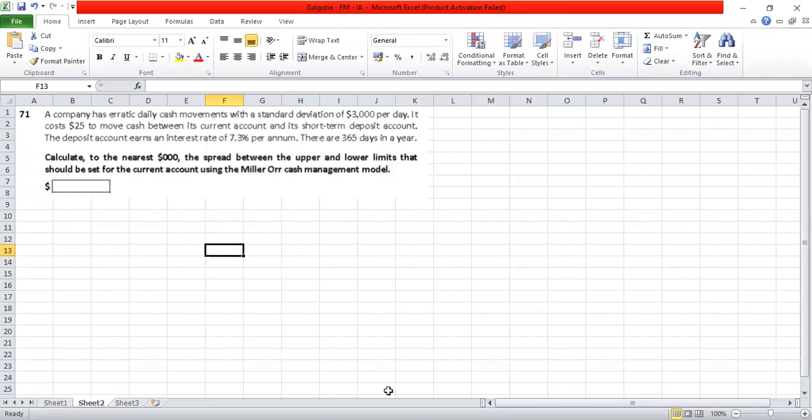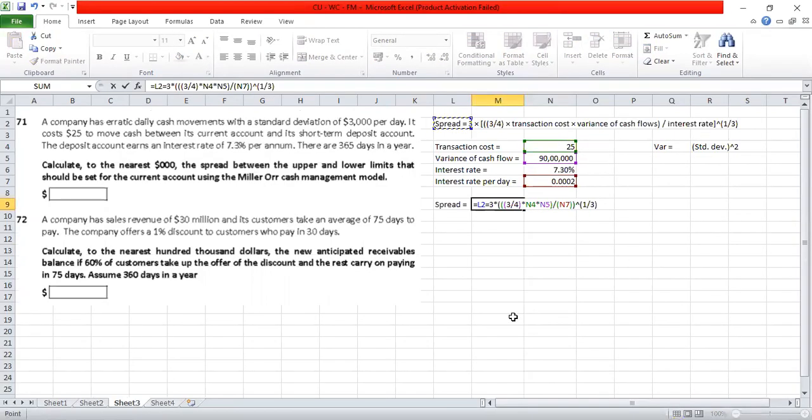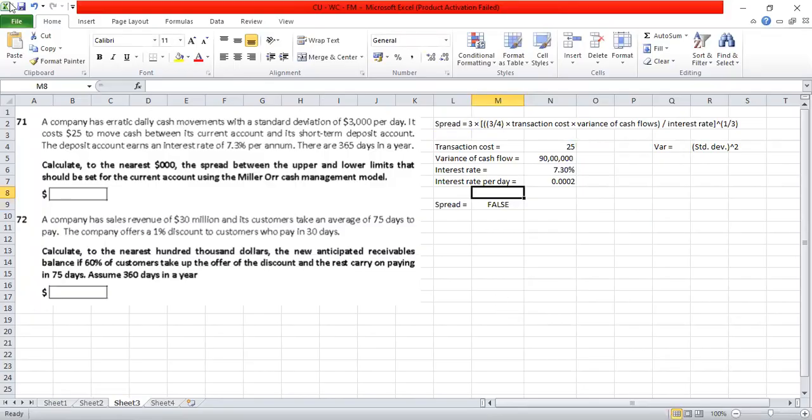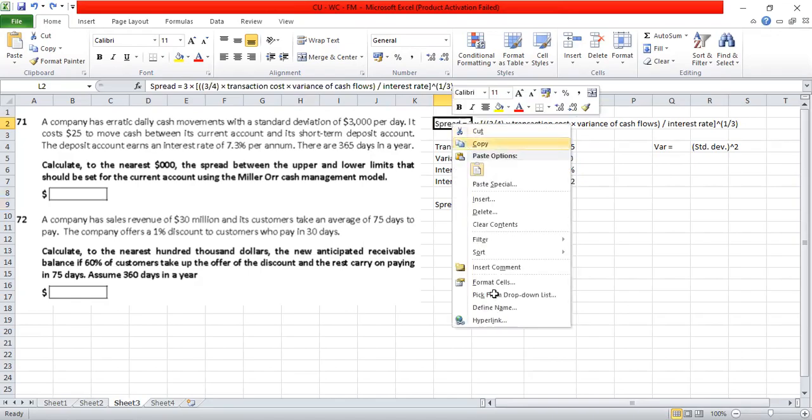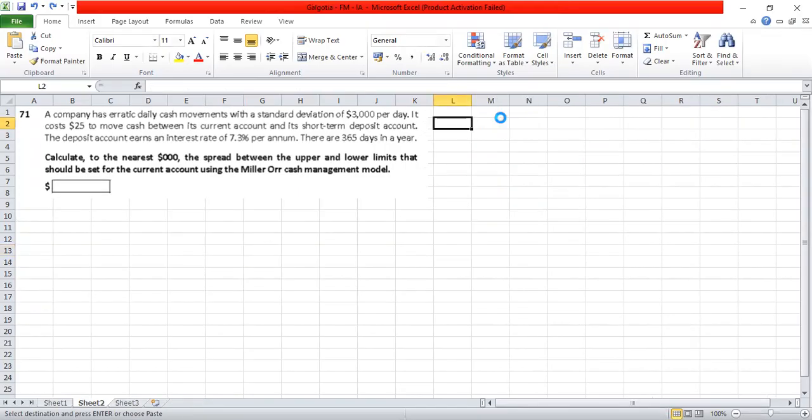Okay, let's write the formula for spread.